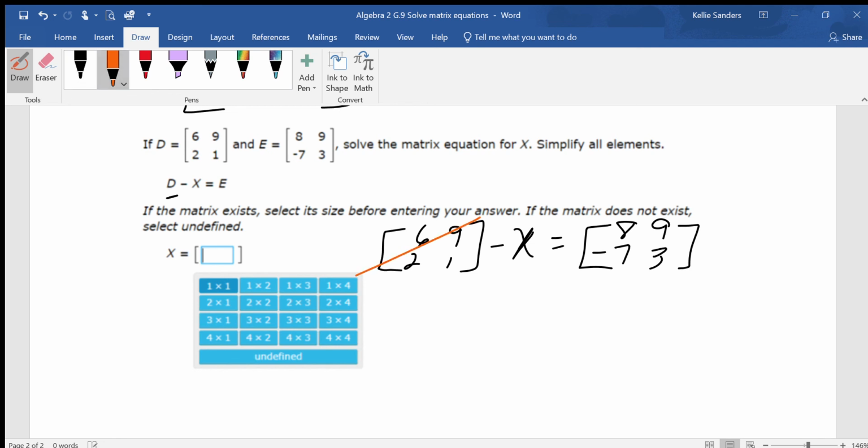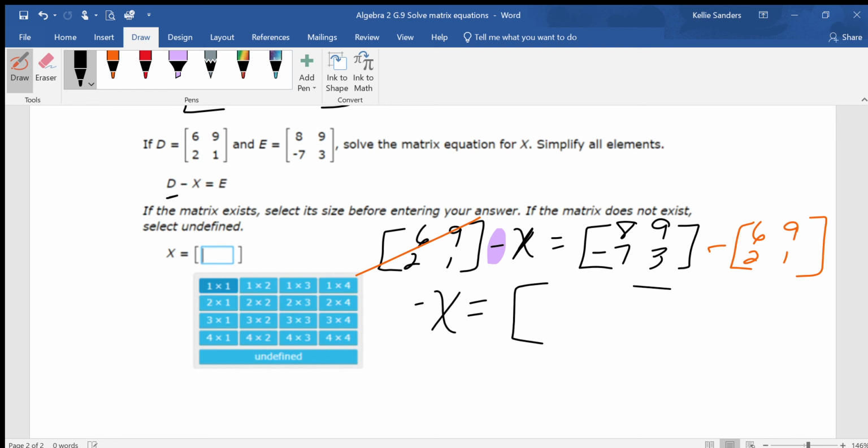Now, if you take this over here, that would be perfectly fine. But be aware, for right now, you do not have an x. You have a negative x.